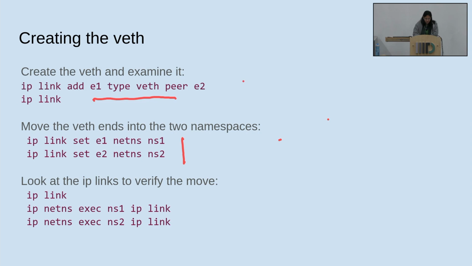Once you create this veth pair, you assign the endpoints of the veth pair to the individual namespaces, and then you can see them added inside the network namespaces using these commands, just to confirm that they got added correctly: veth1 got added to ns1 and veth2 got added to ns2.